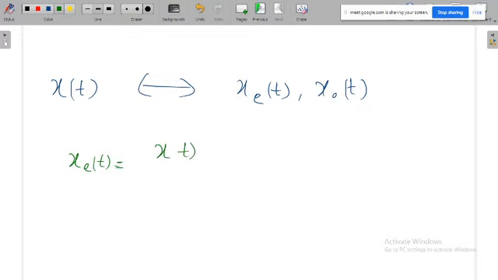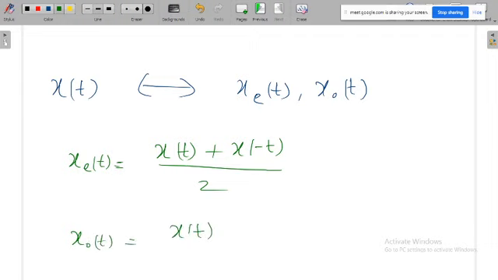For the original signal you apply these mathematical terms, then you will get the even part of the signal. For any unknown signal, you apply this formula: x of t plus x of minus t divided by 2. This is a very important formula. You take the signal as it is, apply the time reversal, add both signals, then divide by 2, and you will get the even part of the signal.